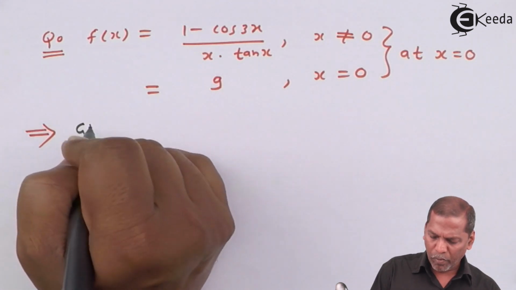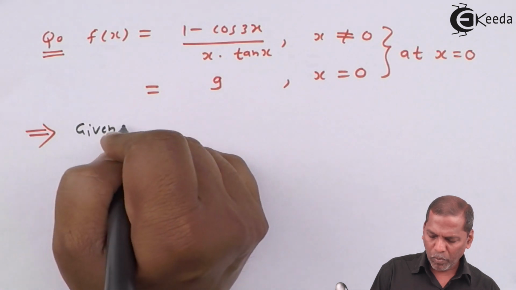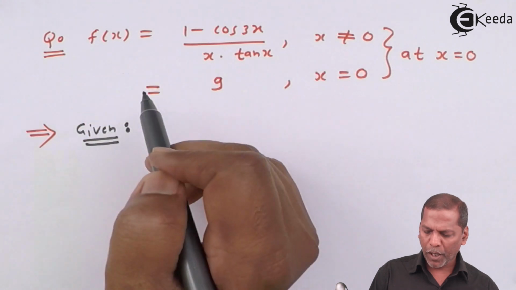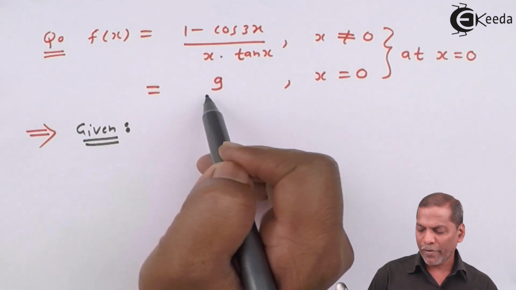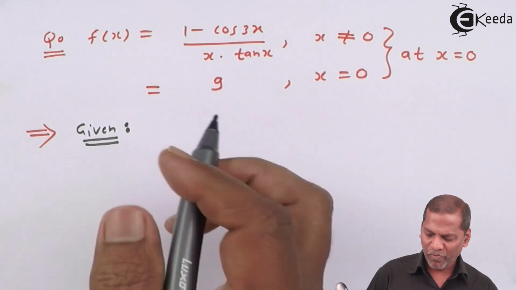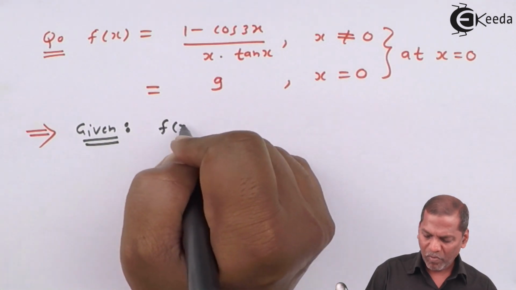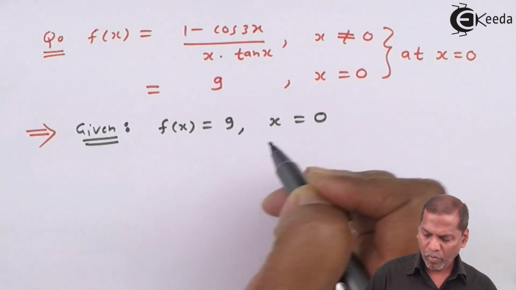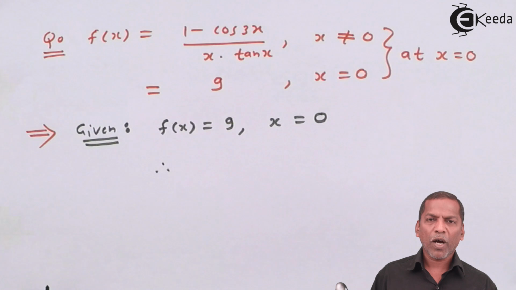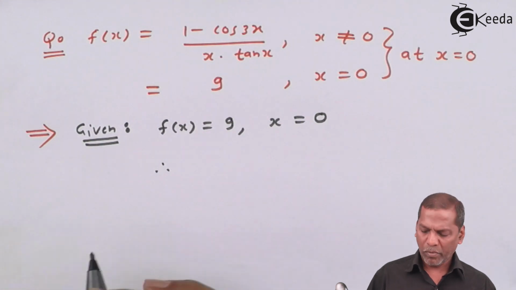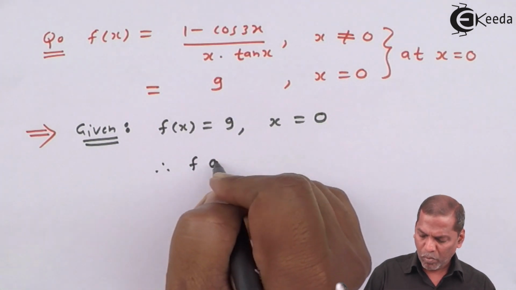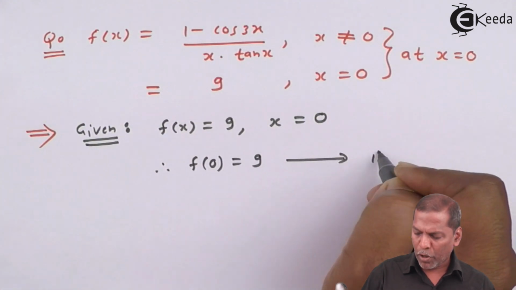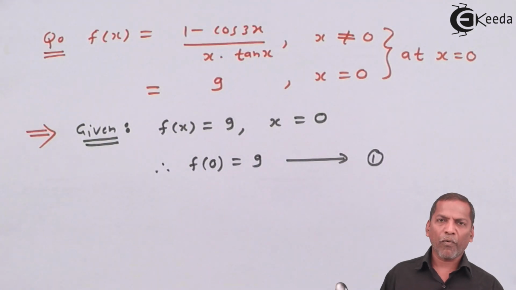Given f of x is equal to 9, for x equal to 0. And therefore f of 0 equals 9. Let us denote this as equation 1.